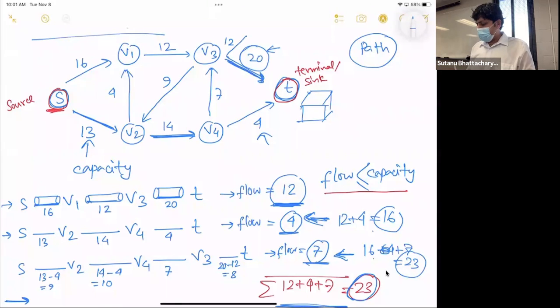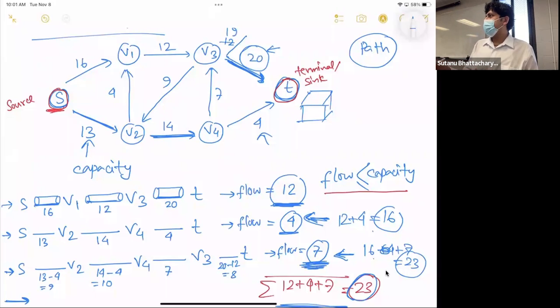Then when you consider path 3, so V3 to T, the flow becomes 12 plus what? When you consider path 3, how much amount you supplied? 7. So the flow becomes 12 plus 7, 19. So this is augmenting the flow.